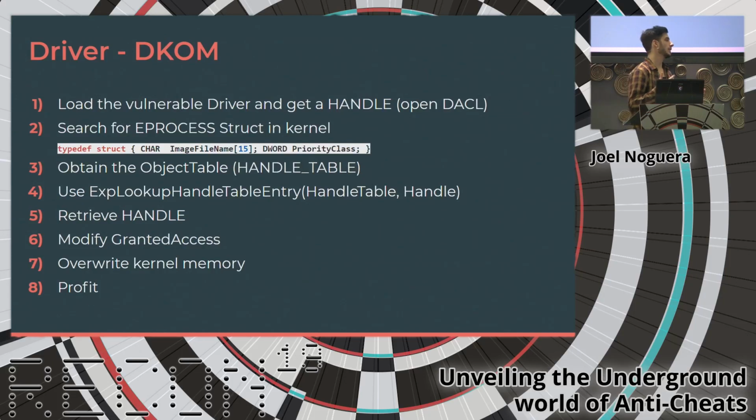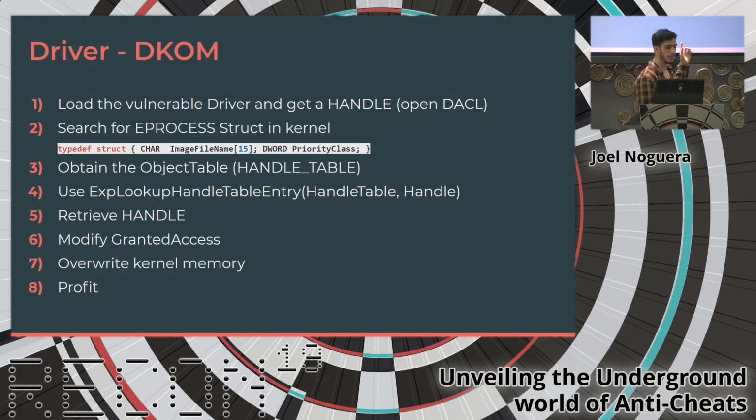First, we get a handle to the vulnerable driver, and with this driver, we use the second vulnerability to read physical memory from the system, and we go all through the physical memory of the system. By doing that, we start looking for some interesting patterns. In this case, what we want to find is the LSASS process.